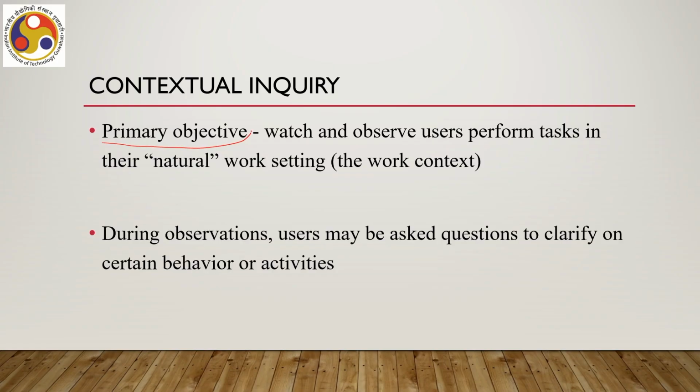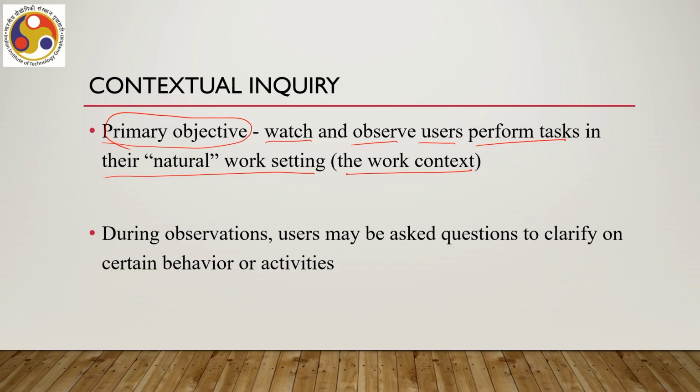Now, what is the primary objective of this method of contextual inquiry? The primary objective is to watch and observe users perform tasks in their natural work setting, or in other words the work context.